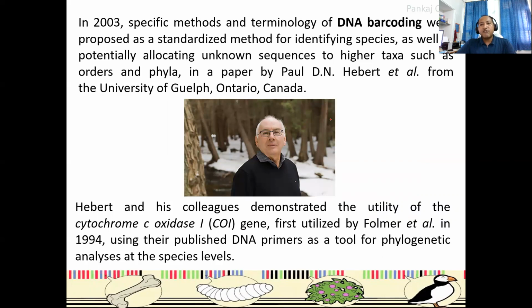But Professor Hebert in 2003 especially proposed the term DNA barcoding, and he used this technique for species identification based on the cytochrome C oxidase 1 gene. That is why Professor Hebert is also known as the father of DNA barcoding.